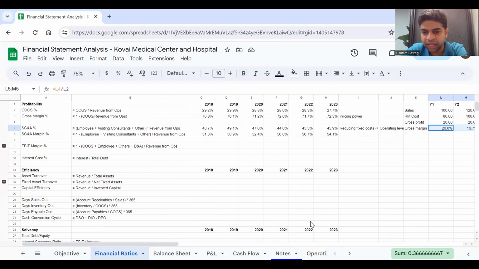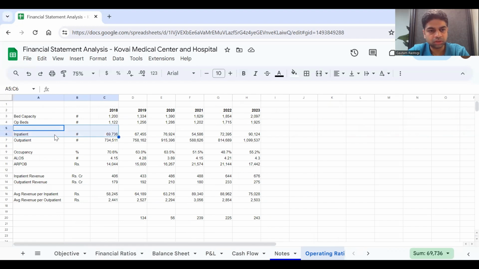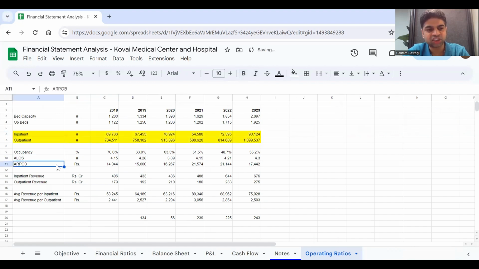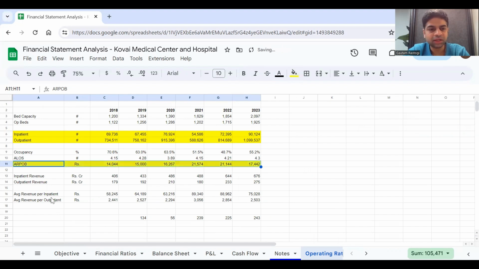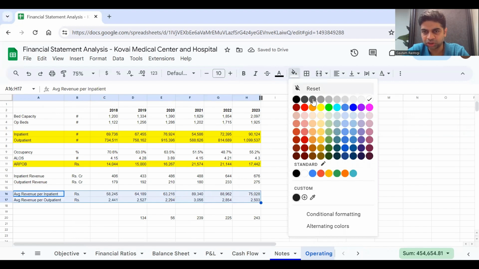So let's take a look at operational ratios. I've pulled this from their annual reports. Just pay attention to the volume of patients, and then look at average revenue per operating bed, and these two line items, which are average revenue per patient.